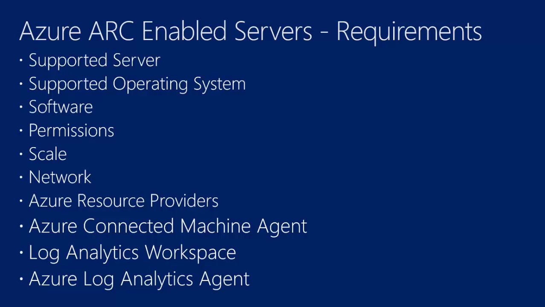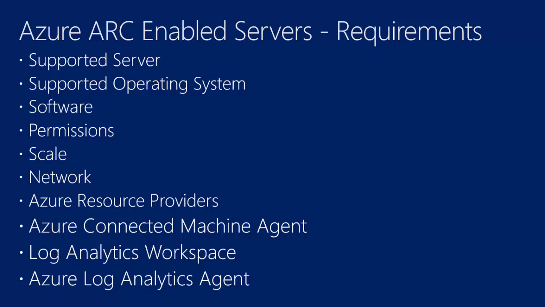You need a supported operating system for working with Azure Arc as well. So for the Windows side, that starts with Server 2008 R2, 2012 R2, and forward. Right. For Linux, there's a number of distributions that we support. So we support Ubuntu 16.04 and 20.04.